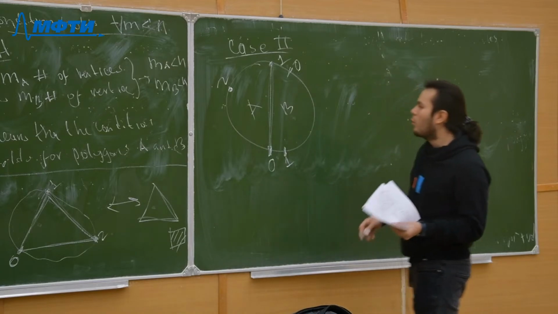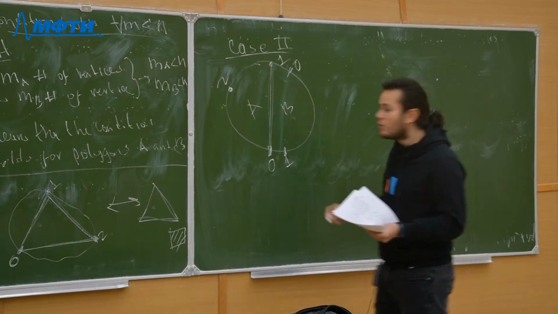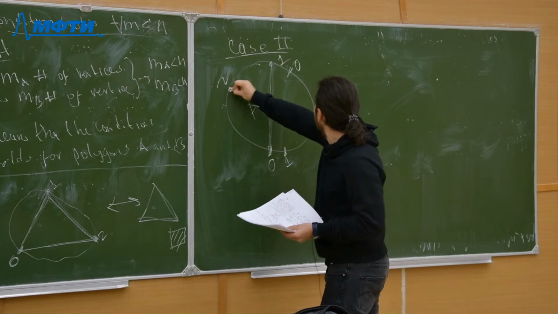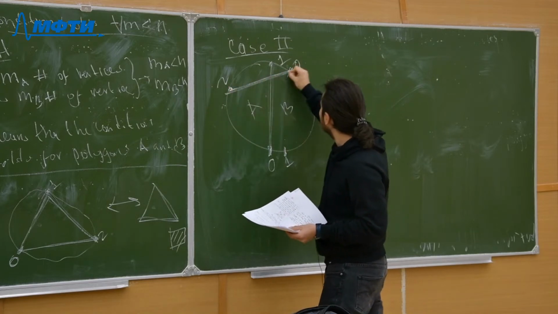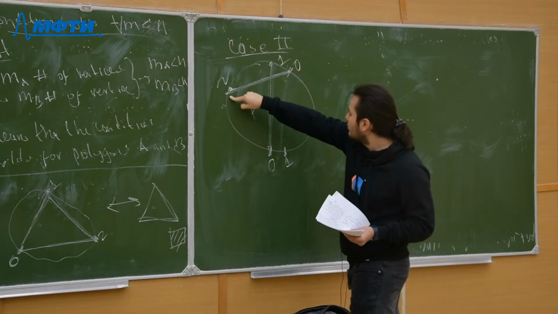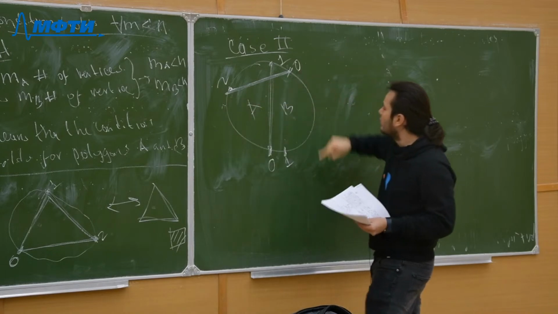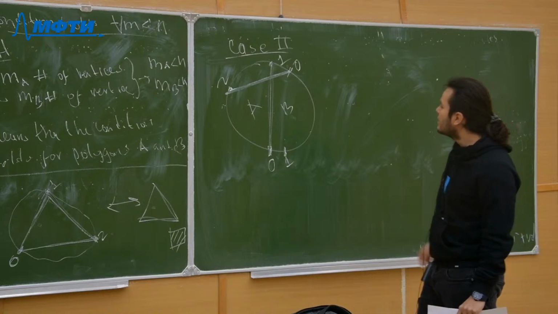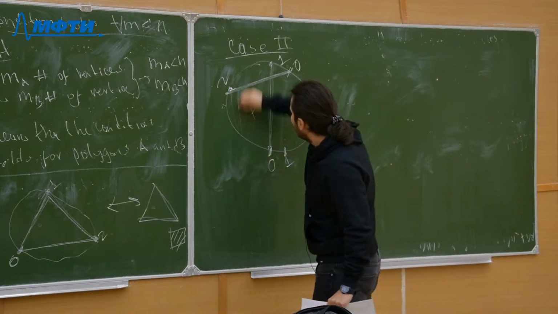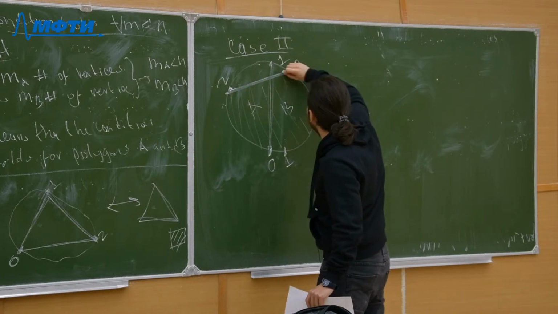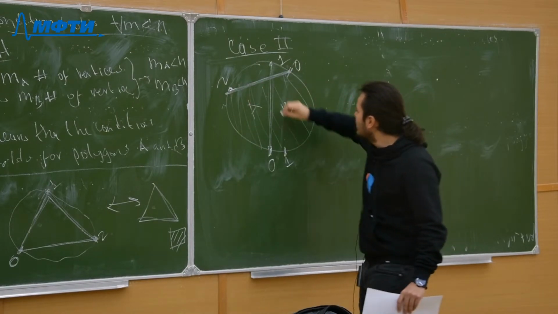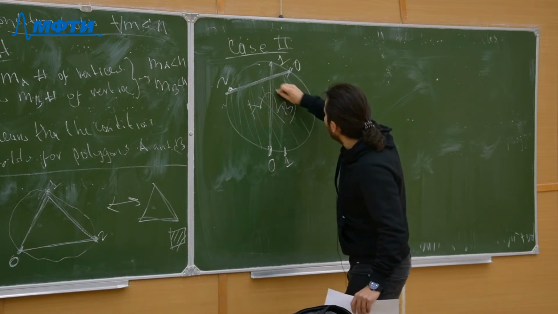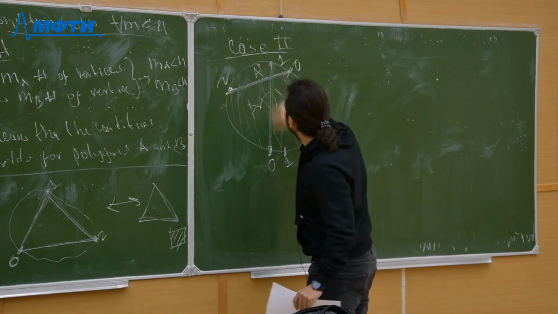And now what do we have to do? All we have to do is to draw this diagonal here between these 2 and this 0. And it means that we obtain two new polygons here. This is going to be B prime, this is going to be A prime.